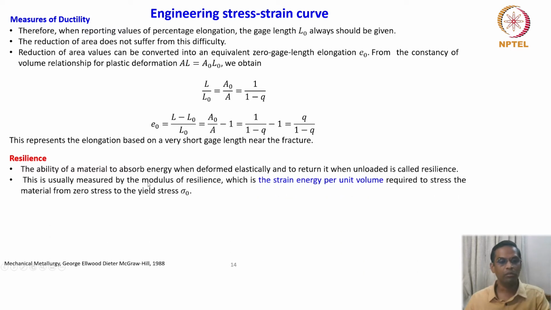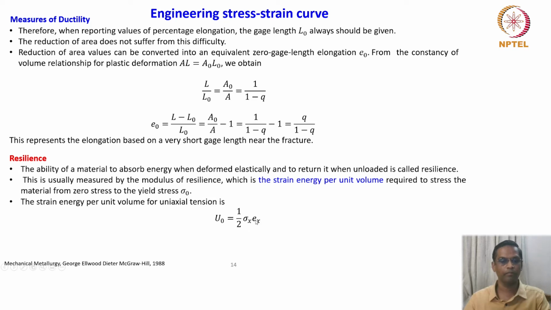This is usually measured by the modulus of resilience, which is the strain energy per unit volume required to stress the material from zero stress to the yield stress sigma naught. The strain energy per unit volume for uniaxial tension is given by U naught equal to half sigma x times epsilon x. So stress into strain.